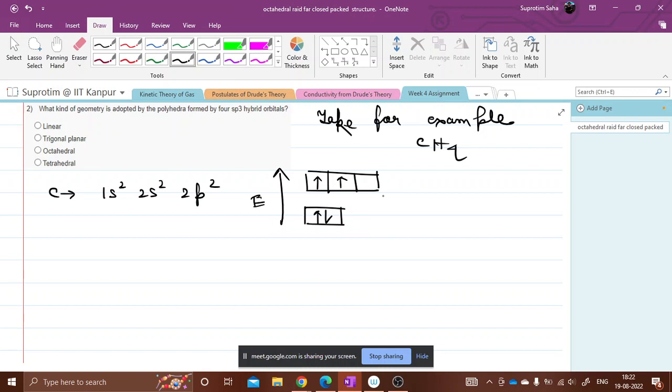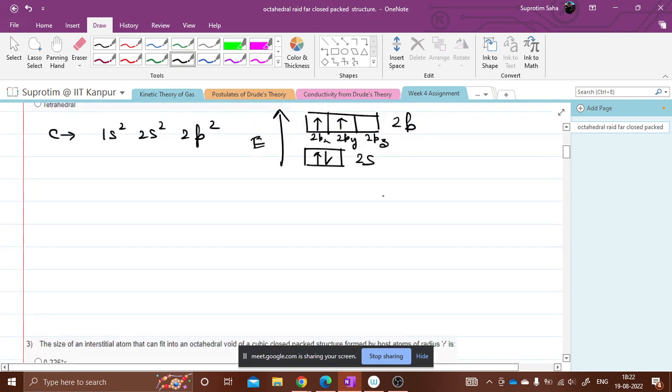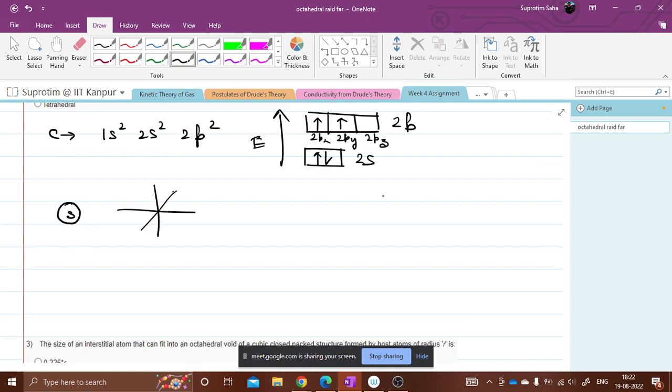This is 2p, and this is 2s, and this is 2px, 2py, and 2pz. So how do they look? This is s, and for the p orbitals, this is X, Y, Z. This is 2px, I am just drawing it for carbon.